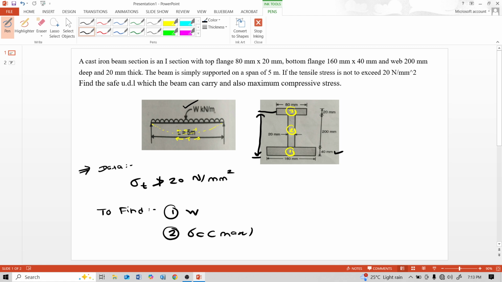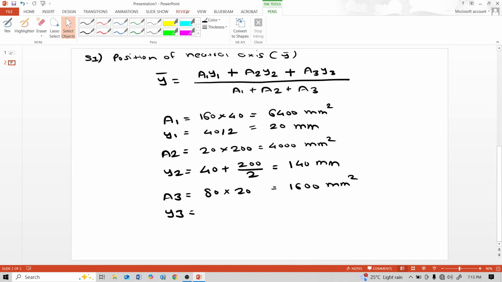That means 40 plus 200 plus 20 by 2, which is 250 mm.